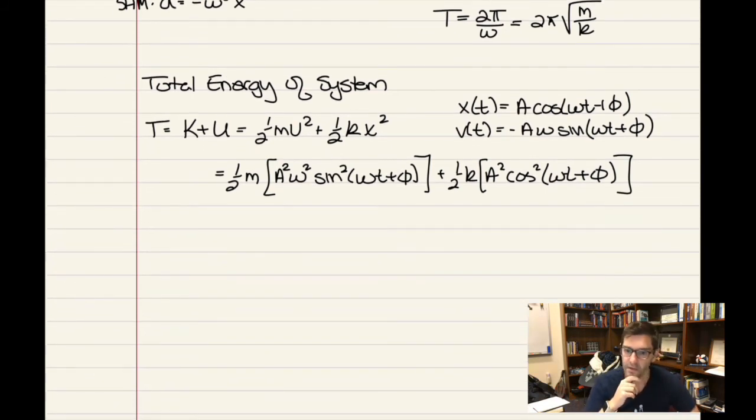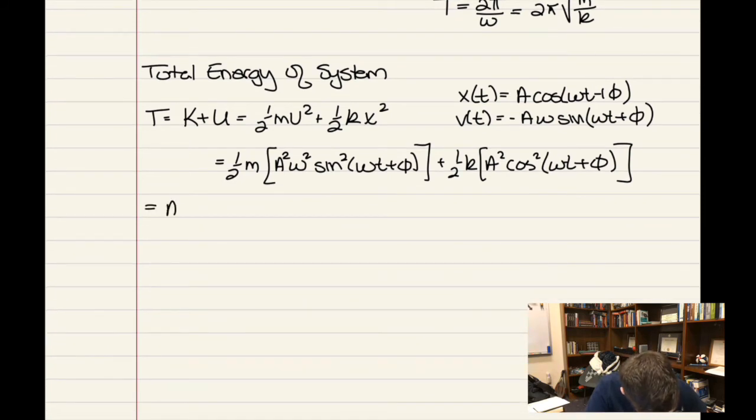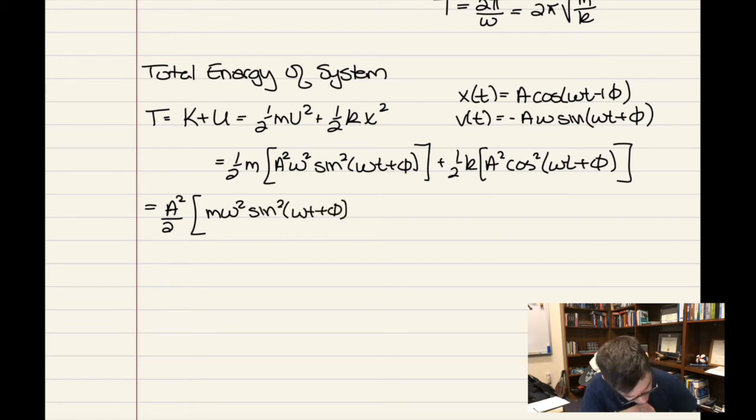There are some common things there, like there's a 1/2 and an a squared, so maybe I'll pull those out. So this looks like a squared divided by 2, and then m omega squared times sine squared of omega t plus phi, and then a k times cosine squared of omega t plus phi.